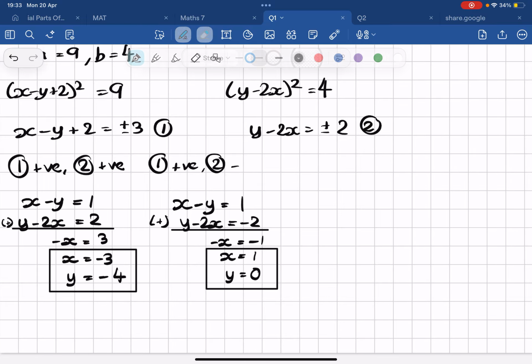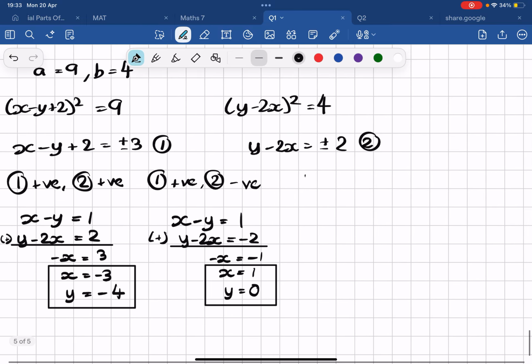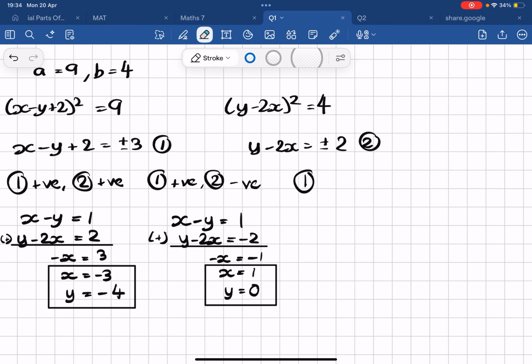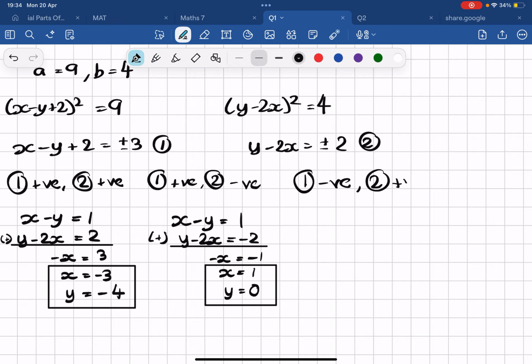Third case, gosh, it's getting long. Now we've dealt with all the cases when equation 1 is positive, and let's look at negative. So then we take 2 as positive. So we have x minus y equals minus 1. Is that right? No, because it should actually be minus 5. Then y minus 2x equals 2.